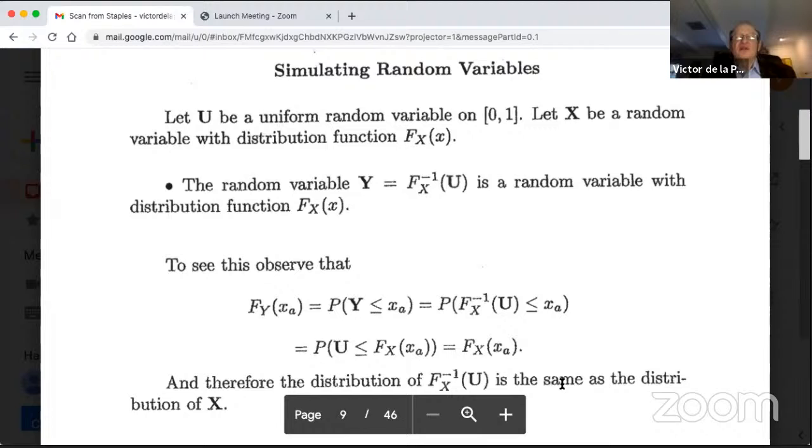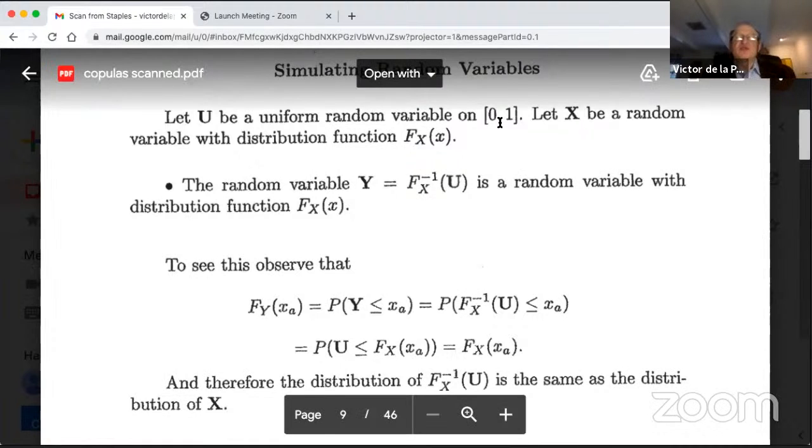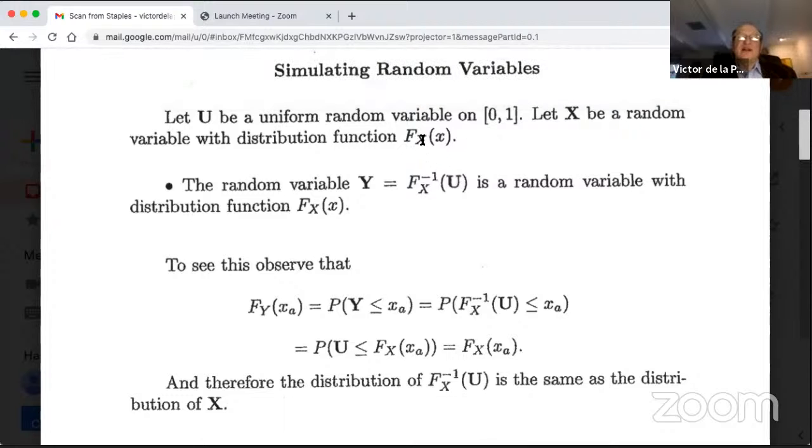So in order to generate variables, we take a uniform random variable. Let's say that we can generate uniform random variables with a random number generator. Then how do we generate an arbitrary continuous distribution function?